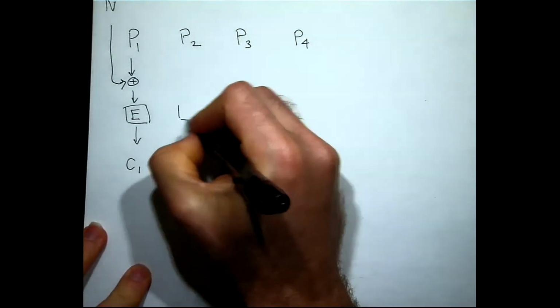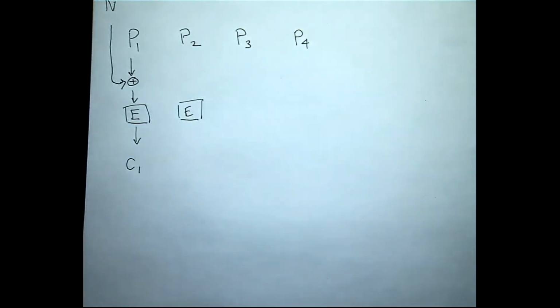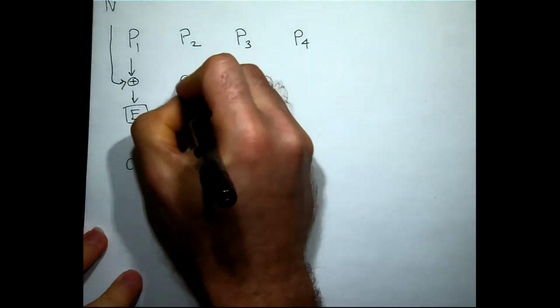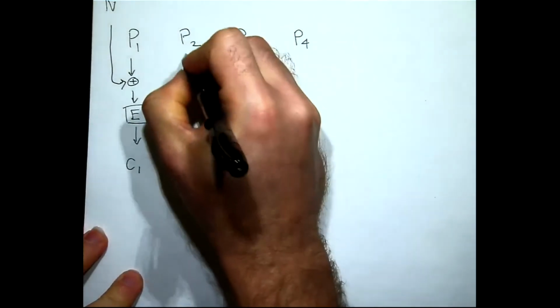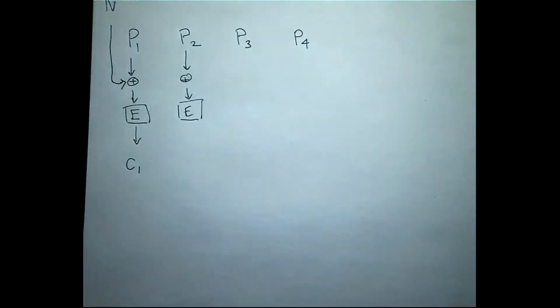Now we're going to do the same thing for P2, only we better not use that same initialization vector. Why would it be bad if I use that same initialization vector for P2?